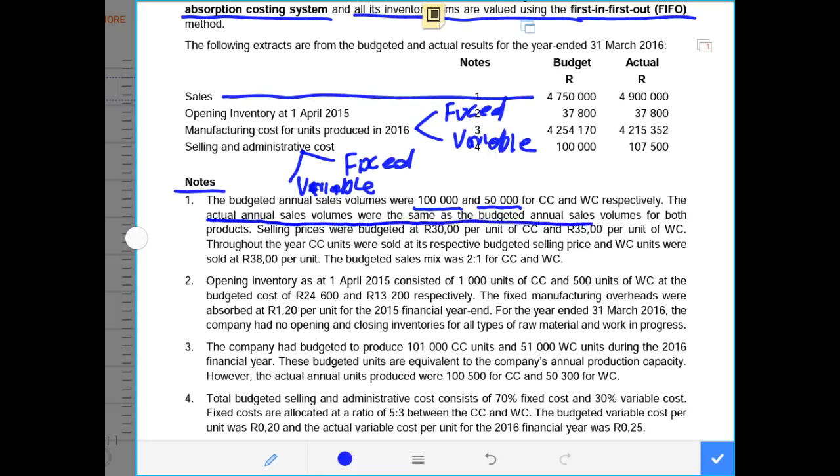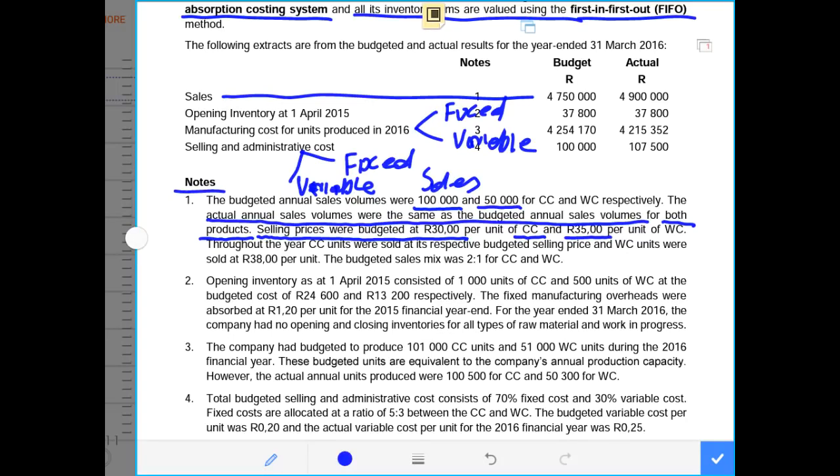And they are saying that it is for both products that the budgeted was the one that was actually sold. So now we have budgeted and the actual sales, given to us in terms of units. And it further says that selling prices were budgeted at 30 Rand per unit for product CC and 35 Rand per unit for product WC.